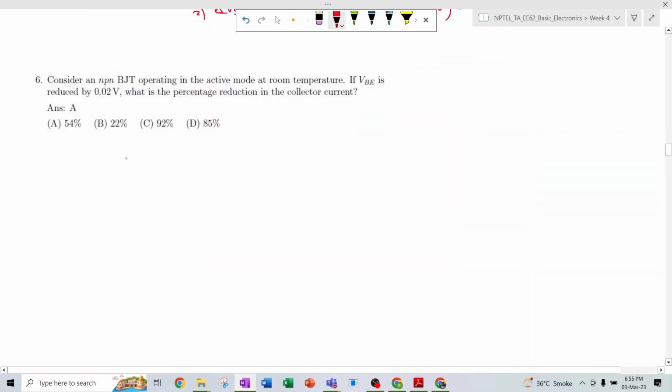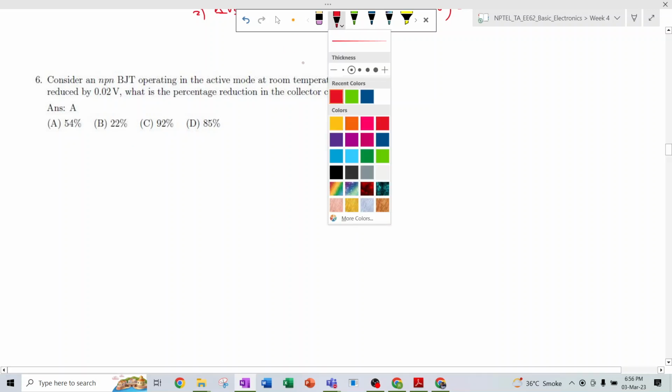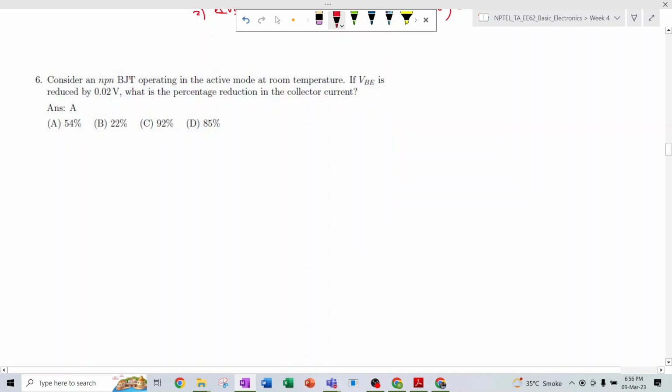Okay, so the next question: consider an NPN BJT operating in the active mode at room temperature. If VB is reduced by 0.02, what is the percentage reduction in the collector current?